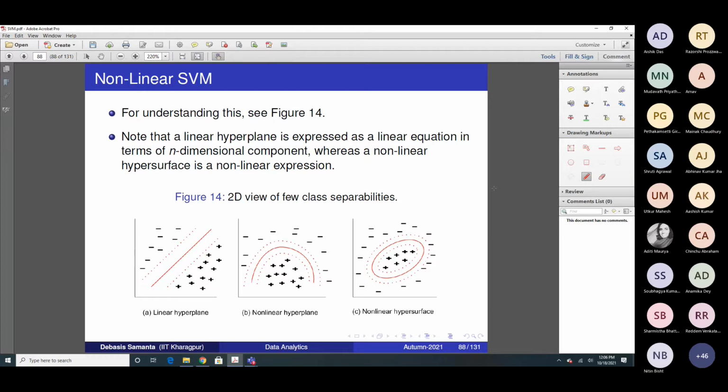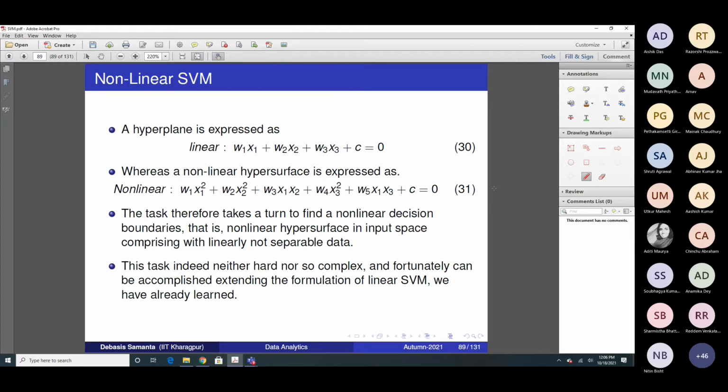But before going to the concept of kernel trick, let us first start with the linearity and non-linearity in the expression of a hyperplane. As we see in equation 30, this is the equation of a linear equation in a linear form, linear representation. This is okay in 3 dimensions, as you can understand.